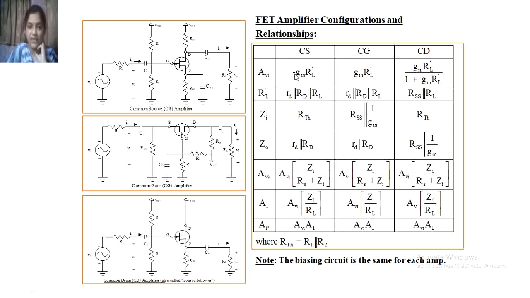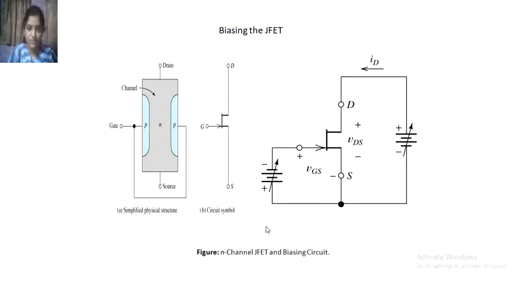The minus sign indicates that between the input and output there is a 180-degree phase shift. Then the load resistance, input impedance, output impedance, voltage gain of the circuit, current gain of the circuit, and the last is the power gain of the circuit. This we have already seen in previous sessions.